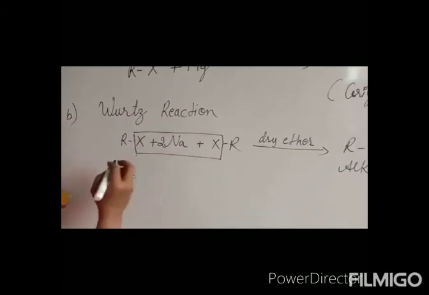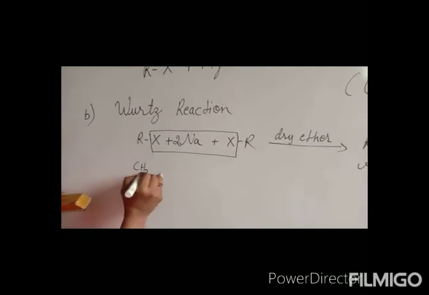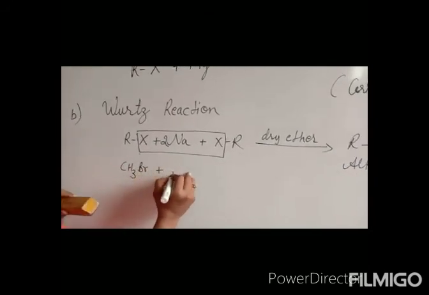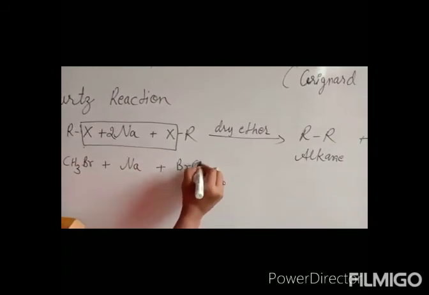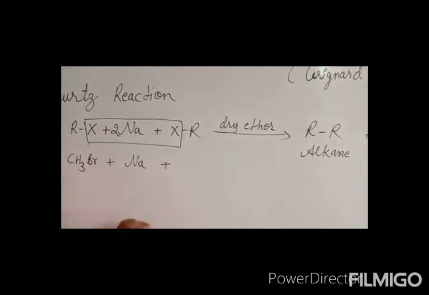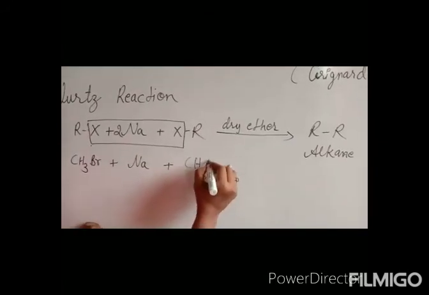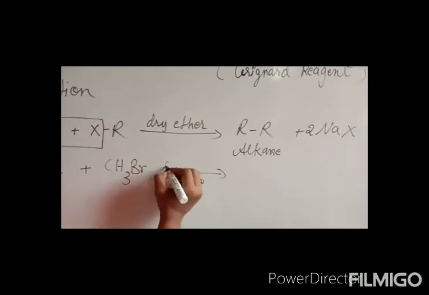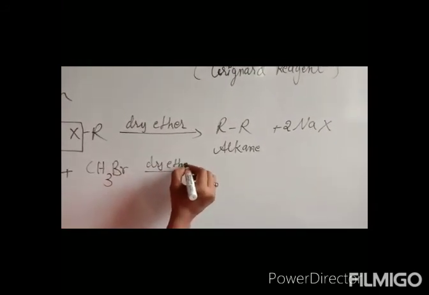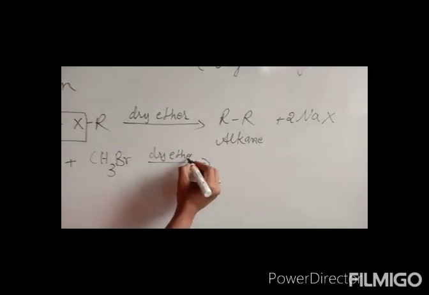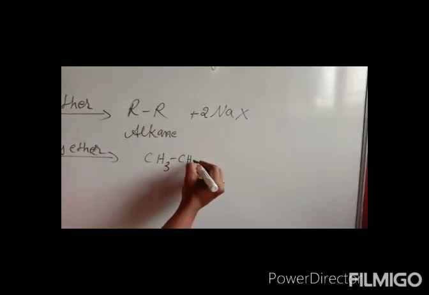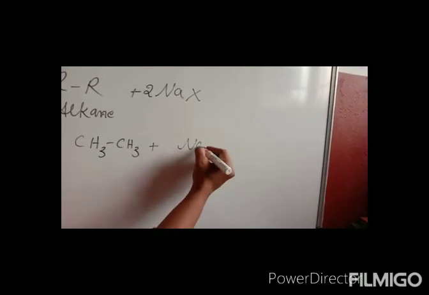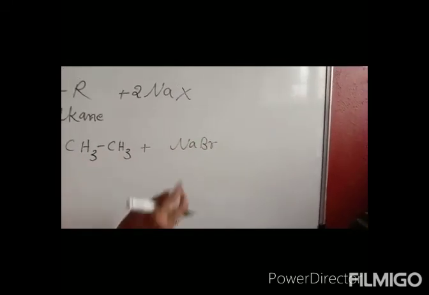Let us see one example related to it. I have CH3Br reacting with the active metal sodium. So if I talk again about CH3Br in the presence of dry ether, I have R-R, CH3-CH3, that is my ethane, along with NaX, that is NaBr.